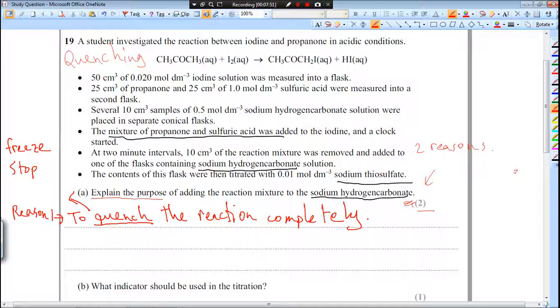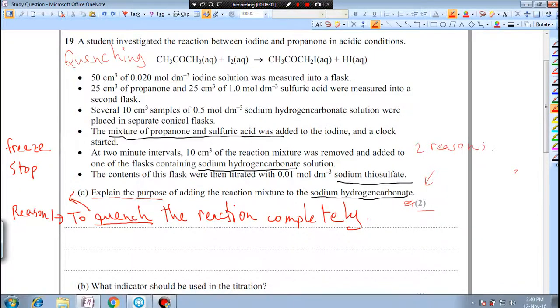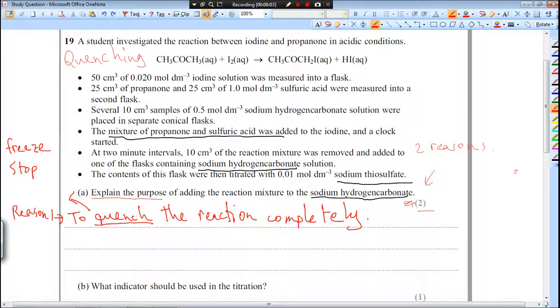The other reason for quenching the reaction completely is to prevent iodine from reacting further. The other reason for quenching the reaction is that the rate of this reaction is pretty fast.